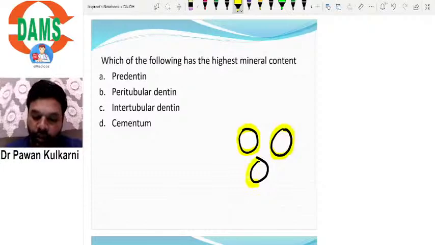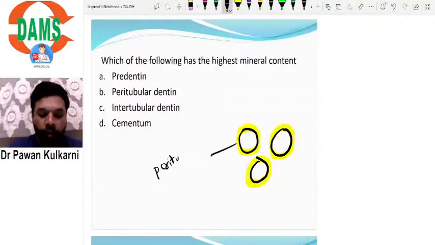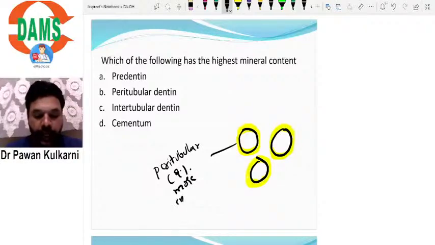It is almost 9% more mineralized than the intertubular dentine.